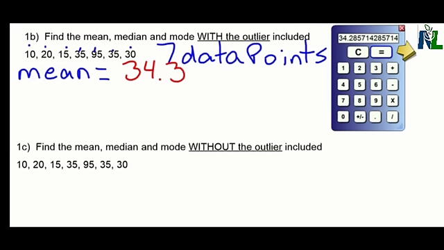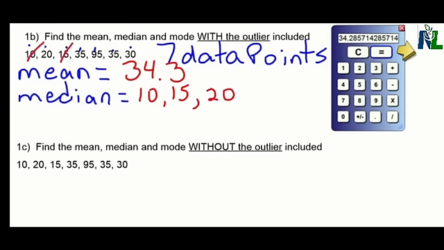Now, looking at our median. In order to find the median, this is one thing that you always have to do first. You have to arrange your data points in order from least to greatest. So we have 10, 15, 20, 30, 35, 35, and 95.